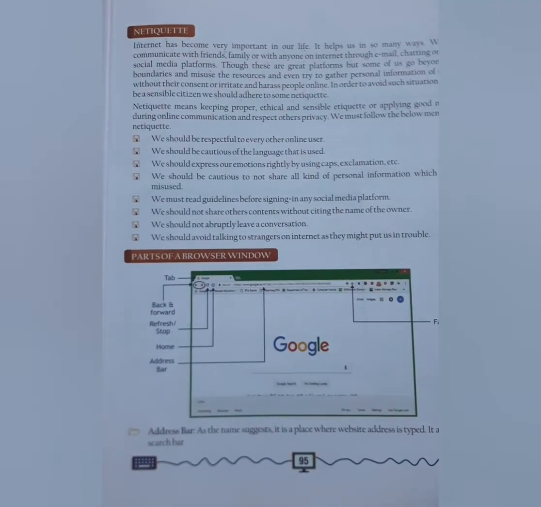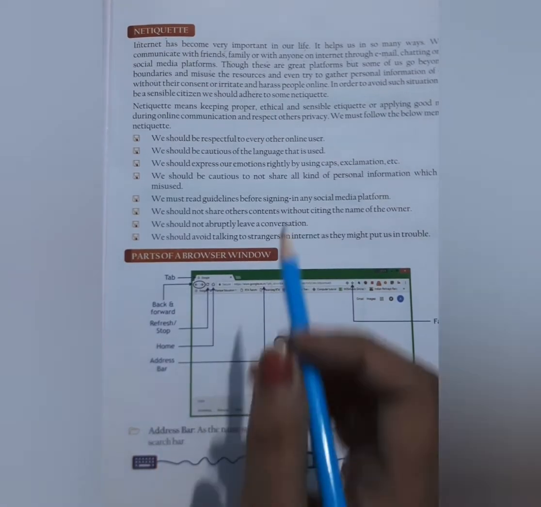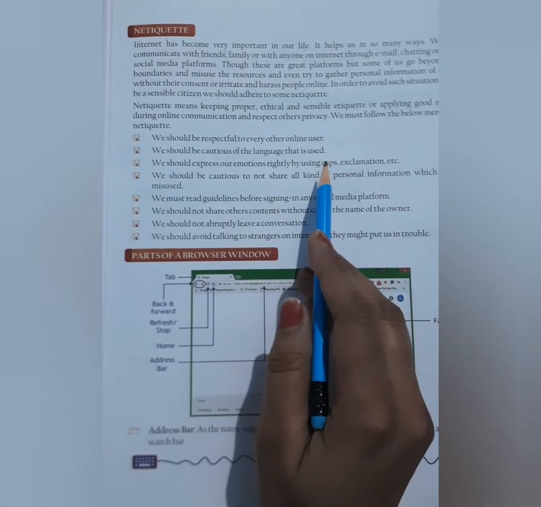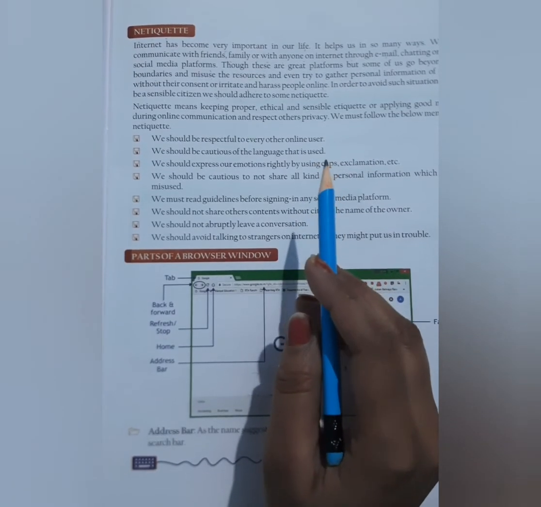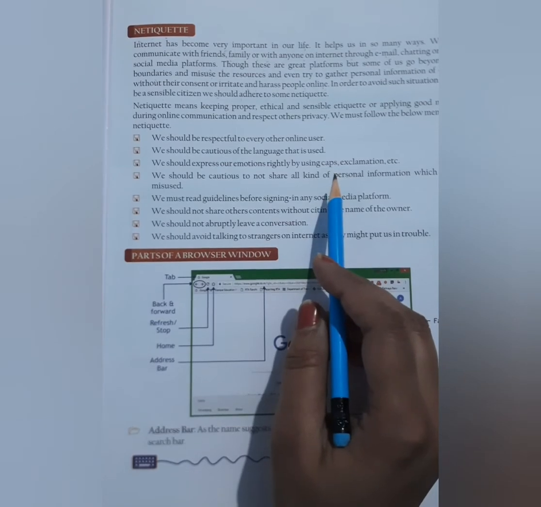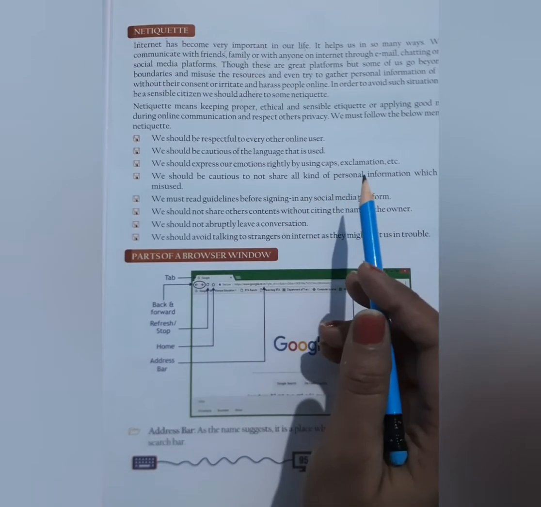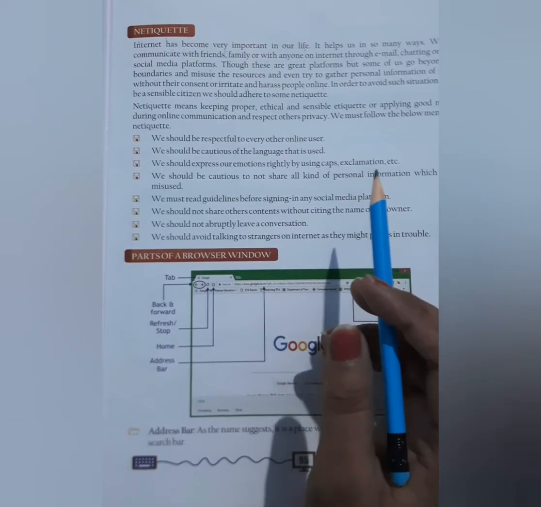So children, as you all know, if we have any kind of service, then it has some plus points and some negative points also. In the same way, if the computer is helping us in many ways, providing us different types of features like chatting, shopping, gathering information, then there are some misuses also. Some people in this world want to hurt people.